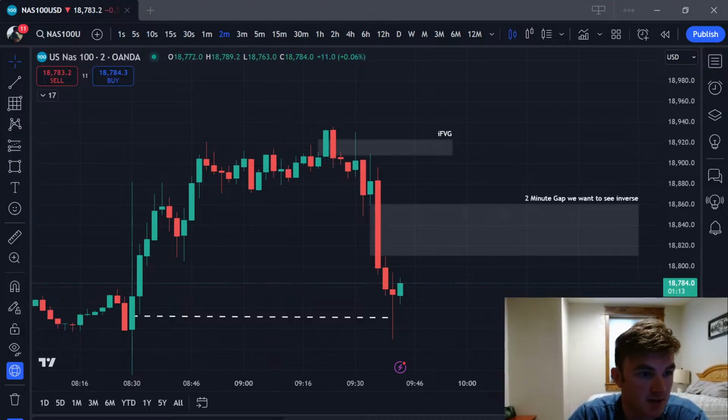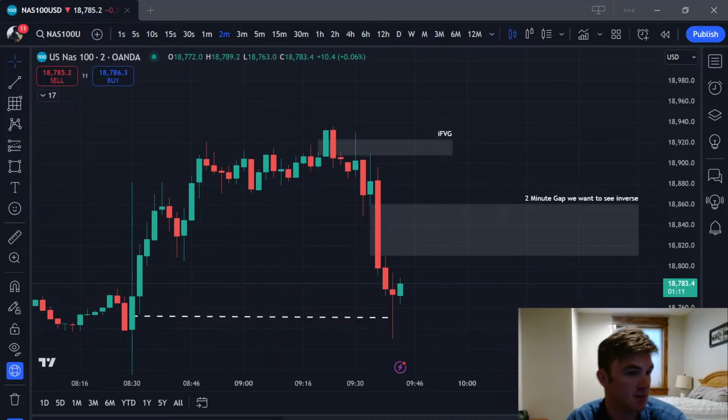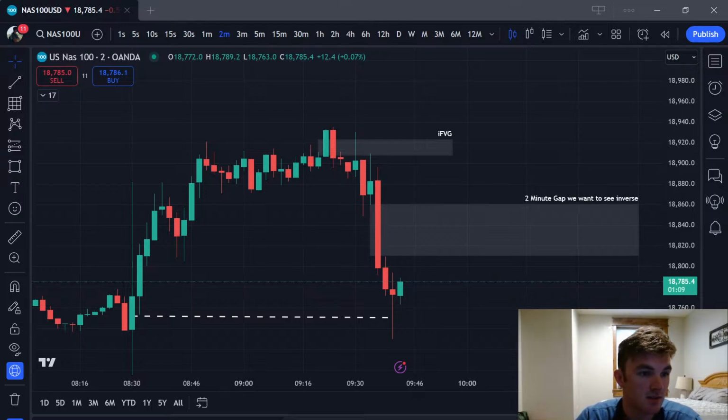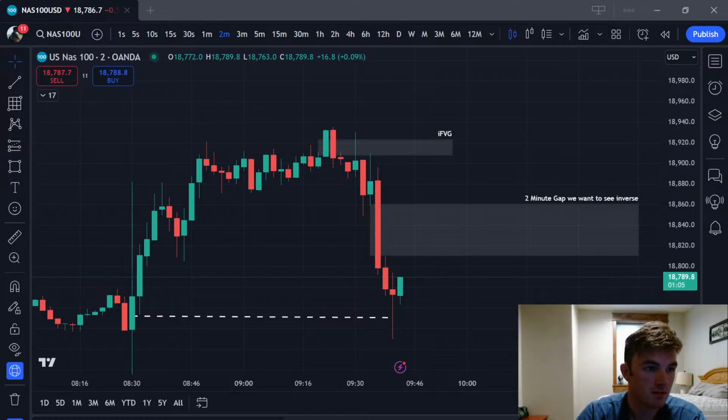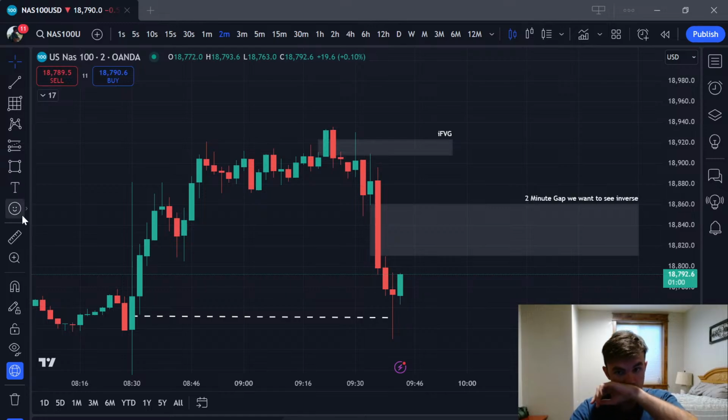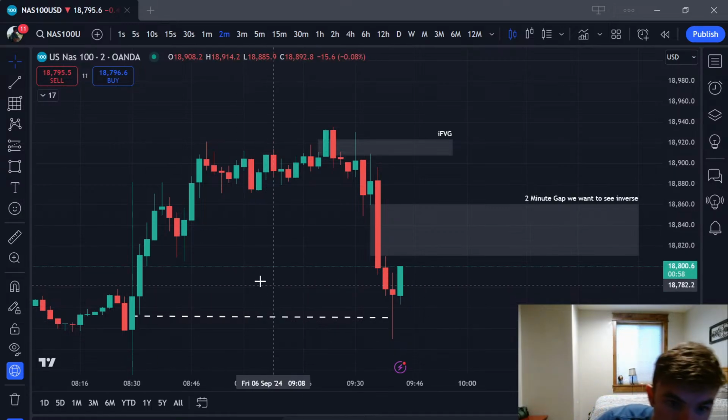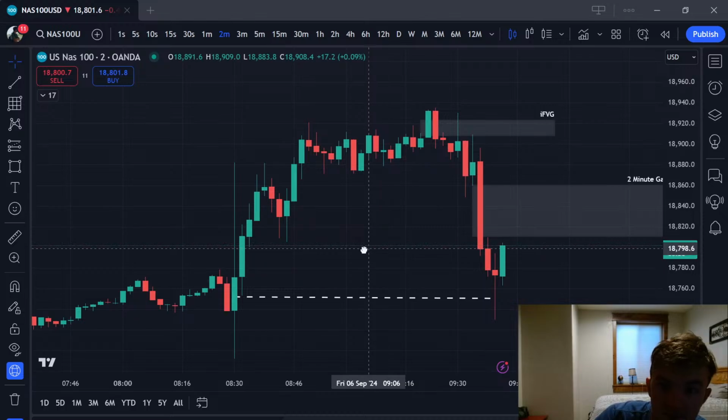Make my screen a little bit smaller so you can see. Yeah, so we might not actually go down to that data low.